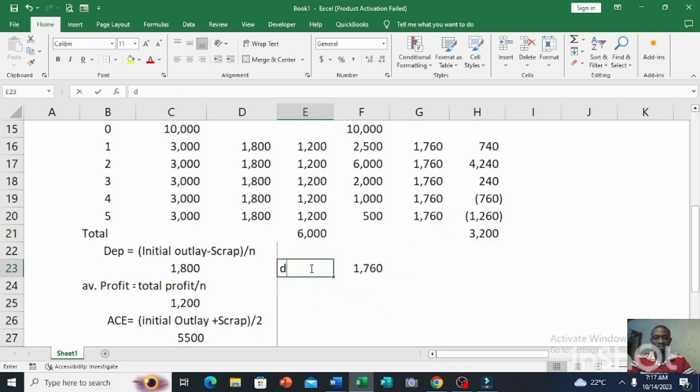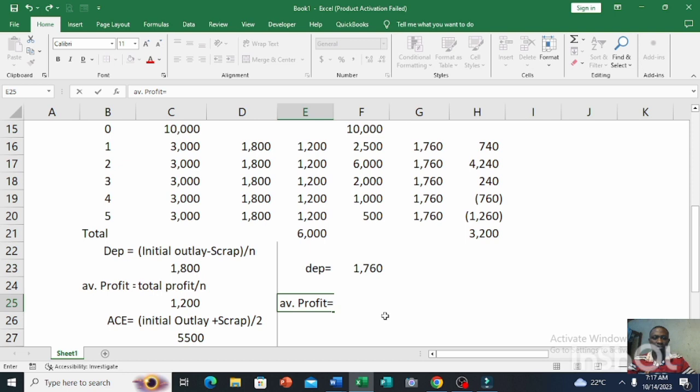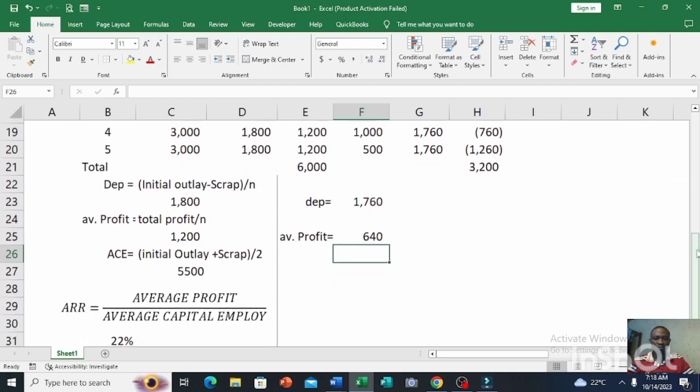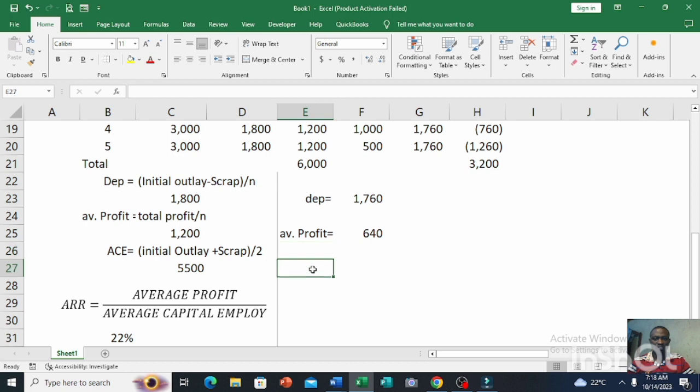3,200 francs. So let's calculate the average profit. Let's calculate our average profit. We use the same formula. We take total profit divided by N. So equal to total profit divided by N. Our N is 5, which gives 640. Now our average capital employed.